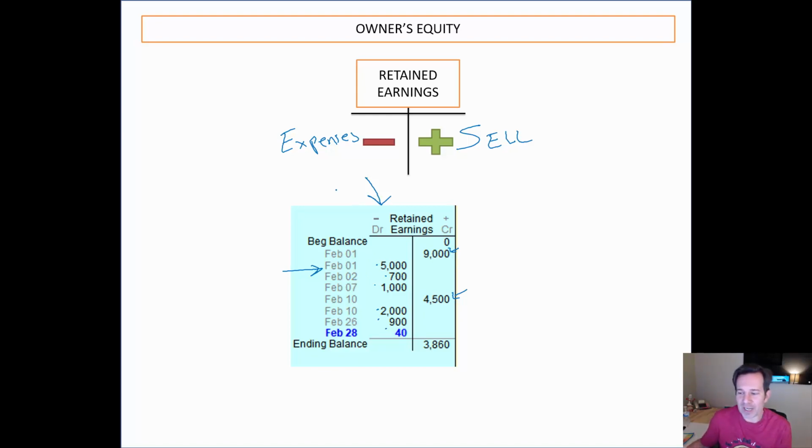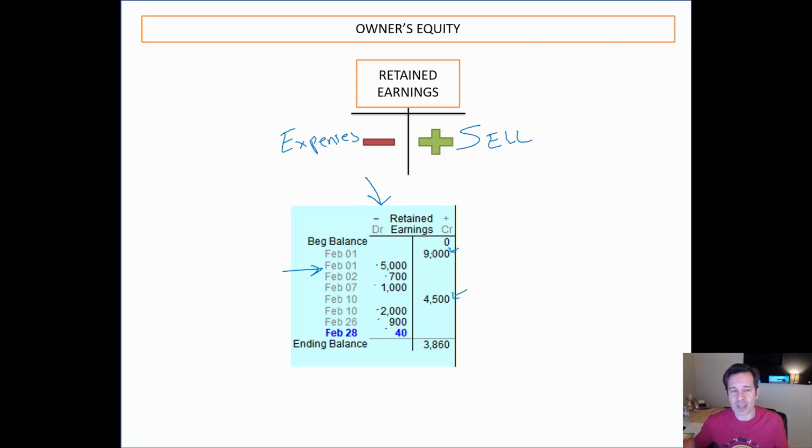I can't manage my expenses, and I don't know what I need to maybe cut back on if I don't know what they are. So chapter 3 does this for illustration purposes. It wants you to see how sales and expenses flow into retained earnings. Okay? The problem with that is that's not the way we do it in the real world. In the real world, we have separate accounts for all of our expenses.